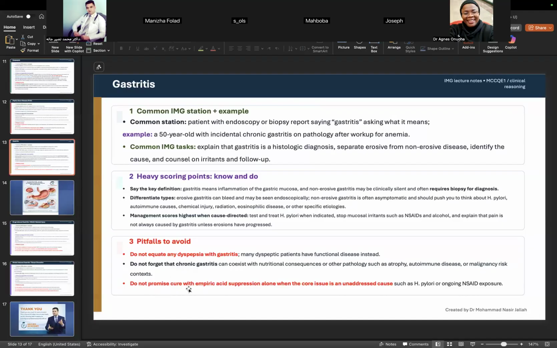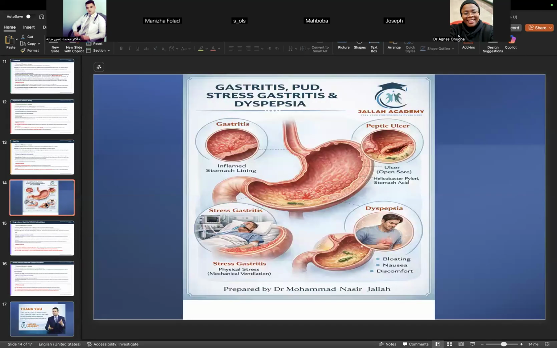Do not promise cure with empiric acid suppression alone when the core issue is an unaddressed cause like H. pylori or ongoing non-steroidal anti-inflammatory drug exposure.